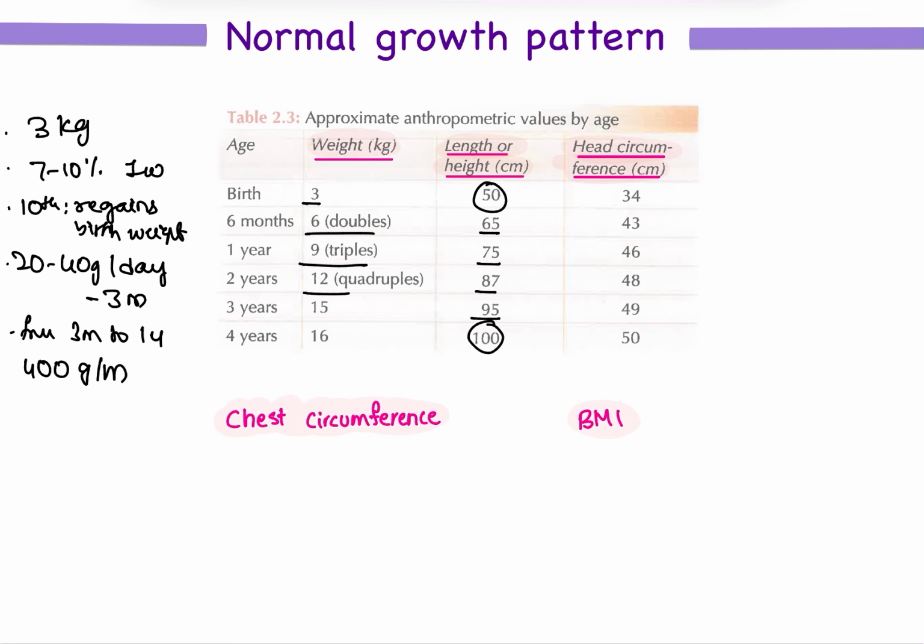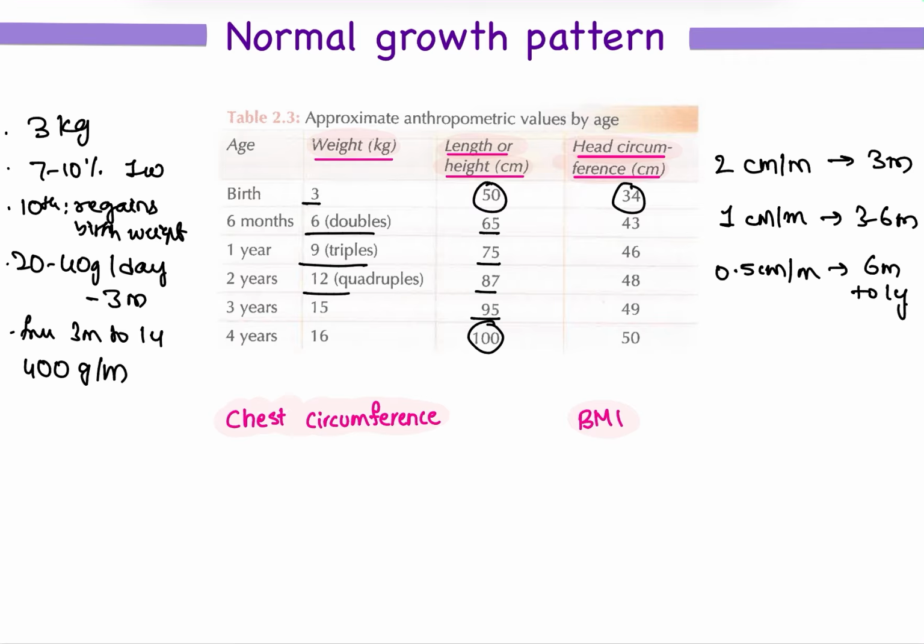Head circumference. At birth, the head circumference is 34 centimeter. Then the head circumference grows by 2 centimeters per month for first 3 months. Then 1 centimeter per month from 3 to 6 months. Then 0.5 centimeter per month from 6 months to 1 year.